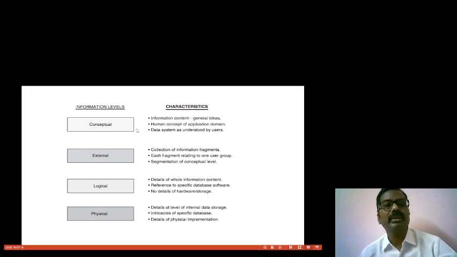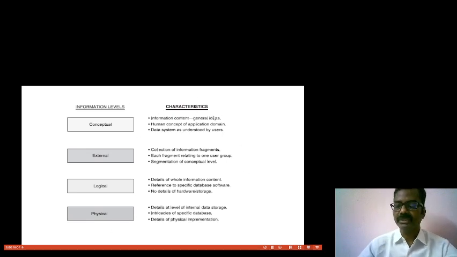External means a collection of information fragments. Logical means details of the whole information content. Physical means details at the level of internal data storage. These are the characteristics of the information levels.